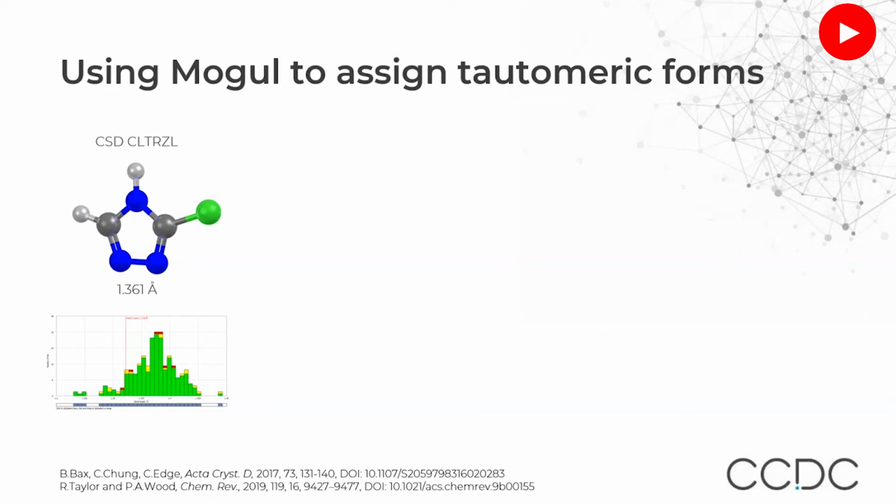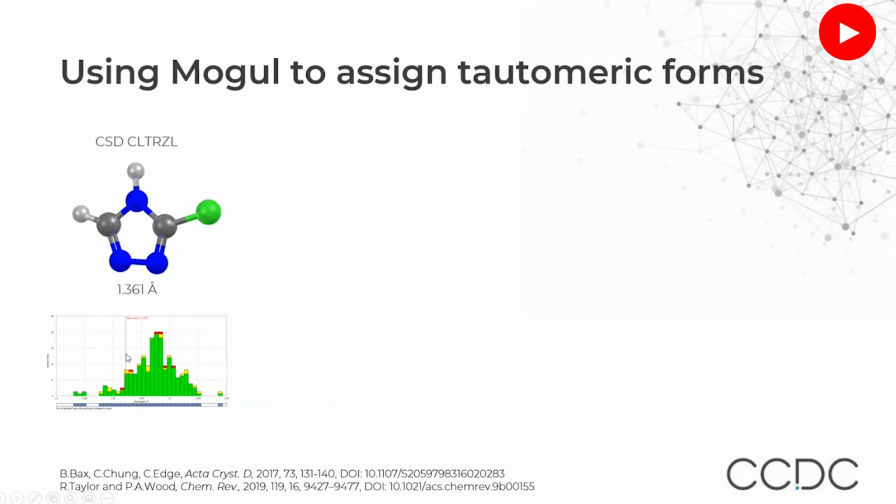There's a number of different publications that have used Mogul to do more in-depth research, and here's the first one that we're going to look at. So in this case, the authors investigated this molecule in the CSD, and they were looking at this nitrogen-nitrogen bond with a distance of 1.361 angstroms.